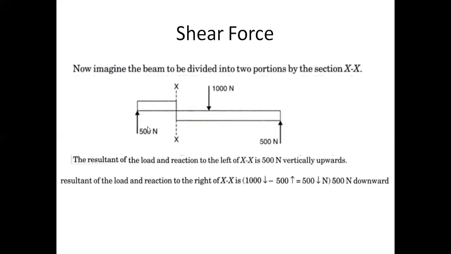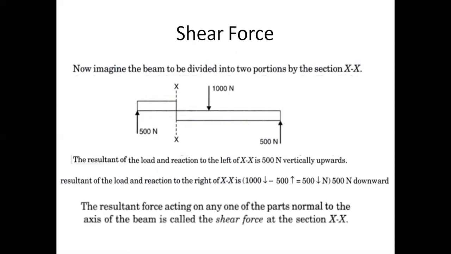So the resultant load to the left is 500 newtons upwards, and the resultant load on the right side is 500 newtons downwards. The resultant force acting on any one of the parts normal to the axis of the beam is called shear force at that section.